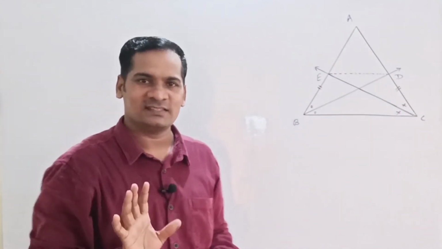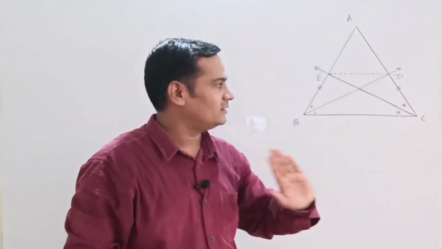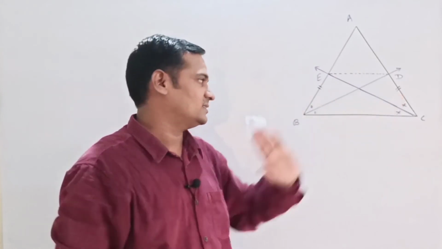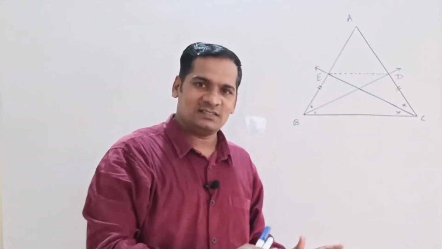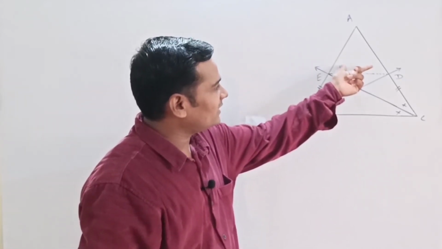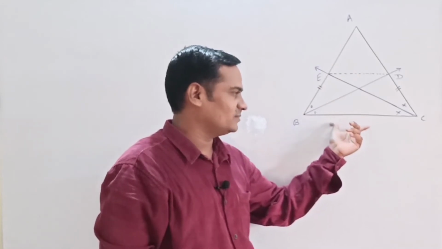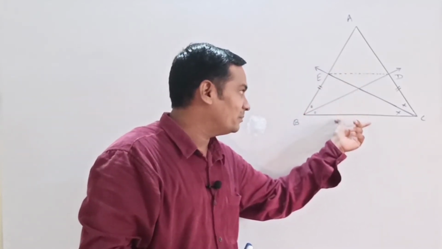That means this is an isosceles triangle in which side AB is congruent to side AC. And the question is that if this much information is given, we have to prove that AD is parallel to BC.